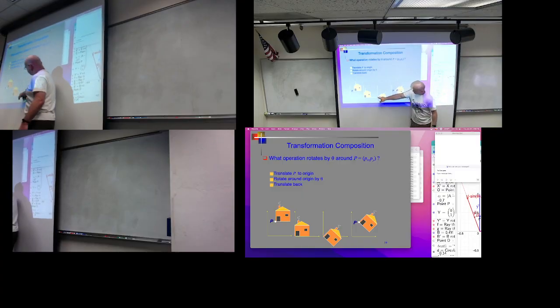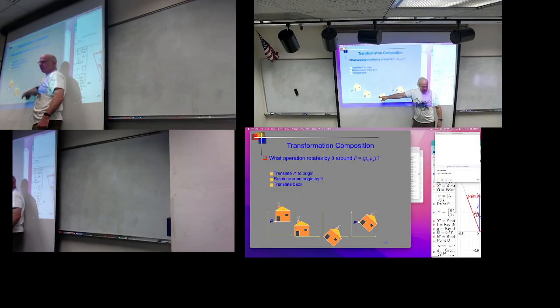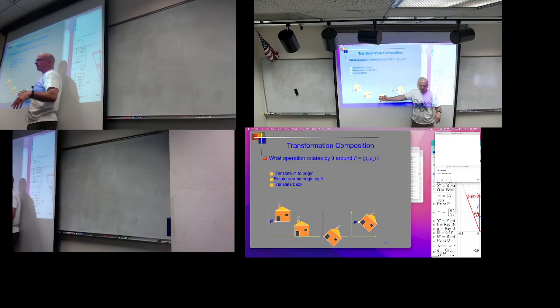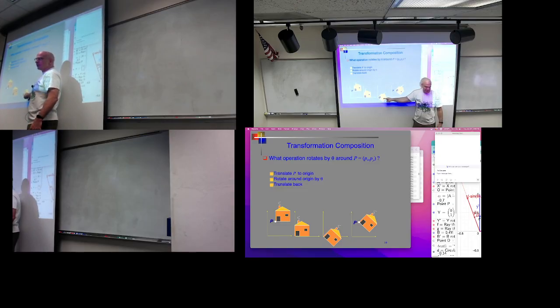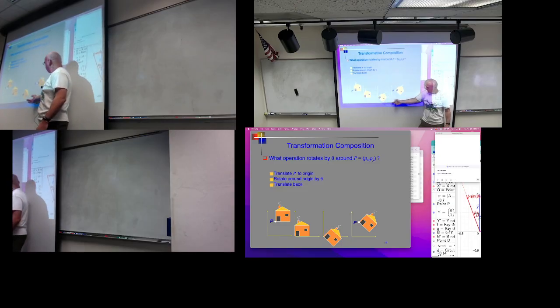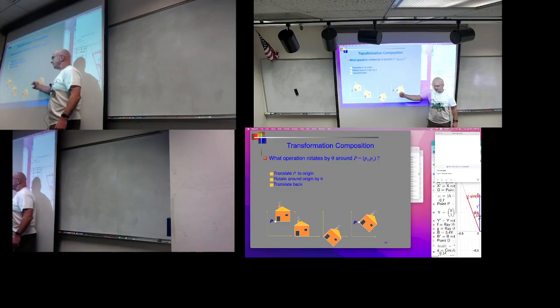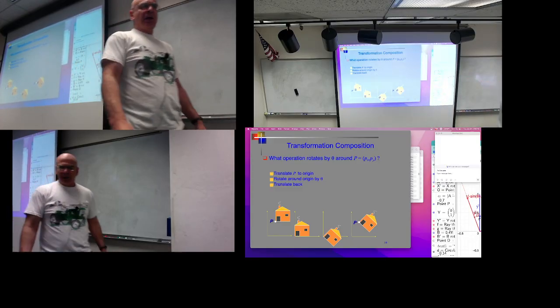Rotate by theta. Now it's legit to rotate. By the way, it's rotation clockwise now, so it's actually rotate by minus theta. If I don't tell you which direction to rotate, the default, if I tell you rotate by theta, is rotate counterclockwise. In this little picture, it's rotating clockwise, so it's rotation by minus theta. And shift it back, so P is right here.